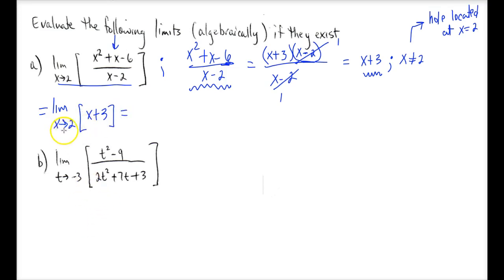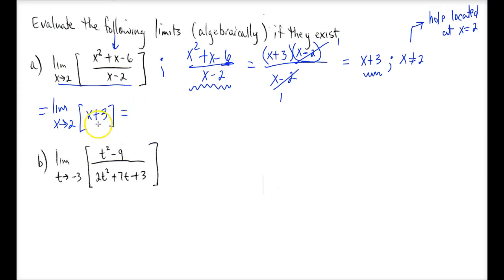And so now at this point, we see that the function x plus 3 is just a line, which is like a polynomial of degree 1. And 2 is in the domain of that, because if I plug in 2, that is a real number, and the result that I get out is also a real number.